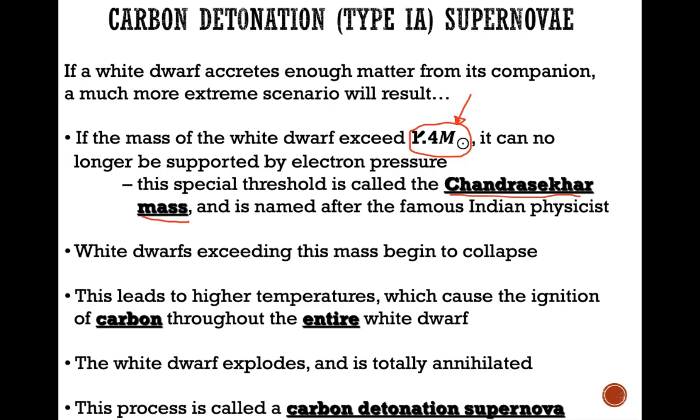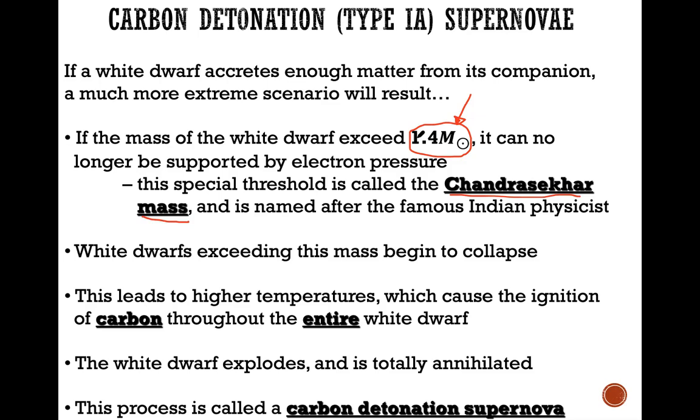Now, what will happen when the white dwarf's electron degenerate pressure cannot support it? The white dwarf will start to collapse again, right? Because now you have more mass, and this mass cannot be supported by electron degenerate pressure. Because of that, the white dwarf will start to collapse.